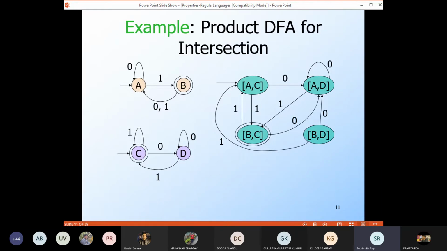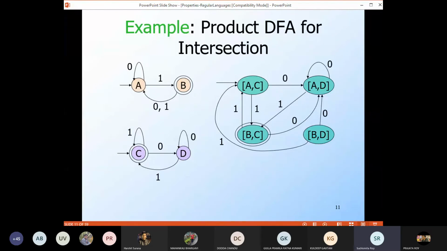The first component is a state from the first DFA, the second component is a state from the second DFA. For example, from A on 0 you go to A, but from C on 0 you go to D. So from AC on 0 you will go to AD. There's a transition to AD.